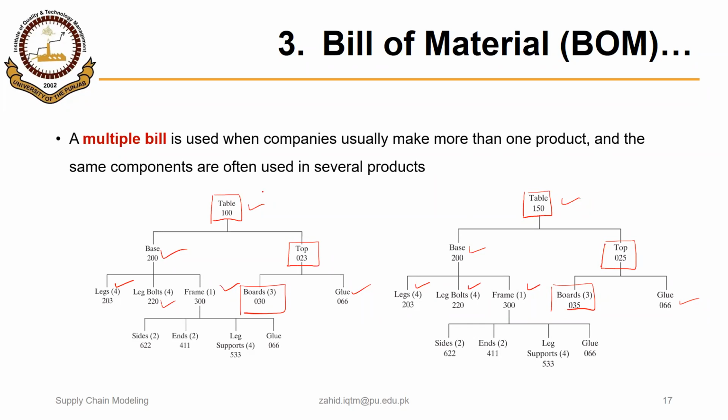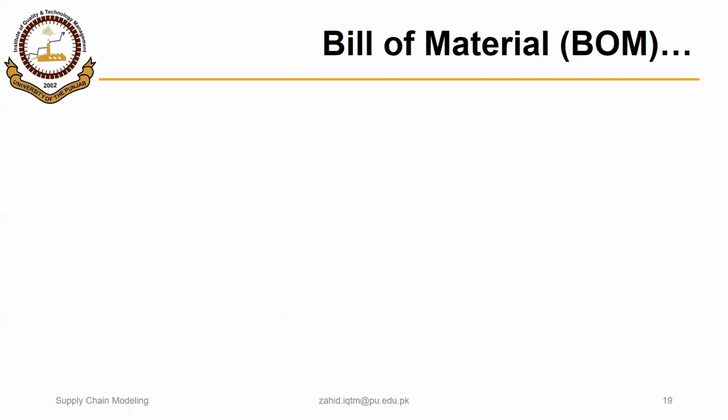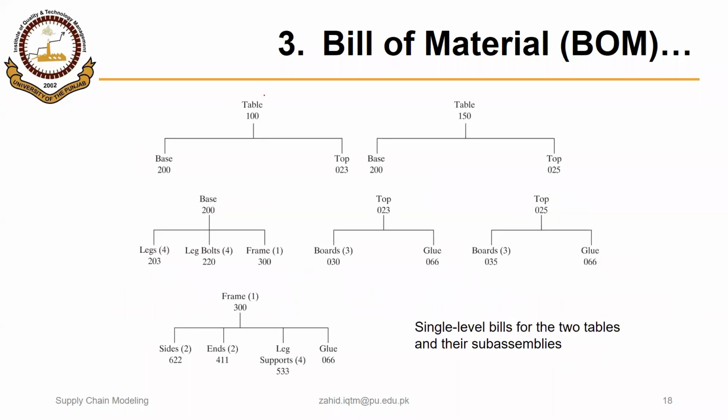So you can store the information in the database in terms of multi-level bill of material: the final product, sub-assemblies, their components, and so on. And the second possibility is to store the information in terms of single level bill of material. We are talking about the same two products, table 100 and table 150.